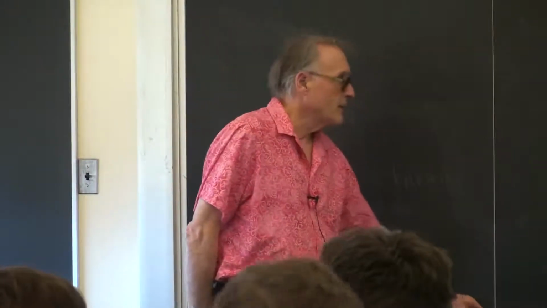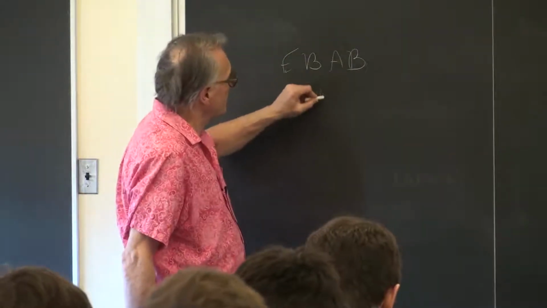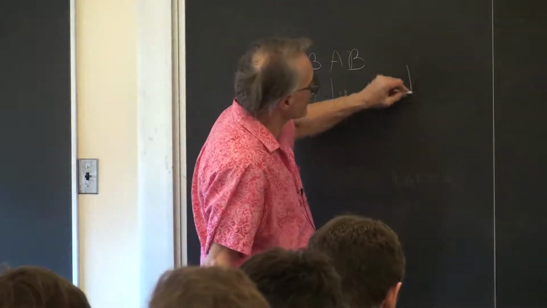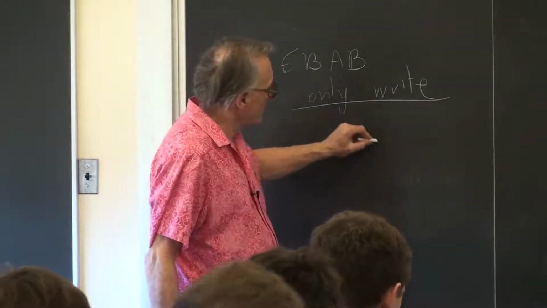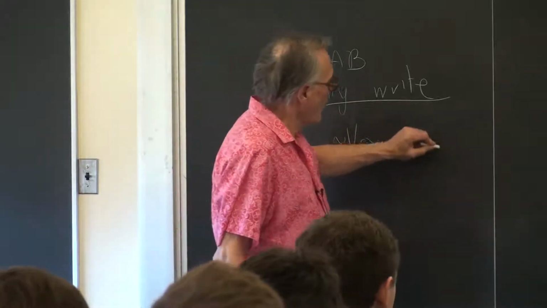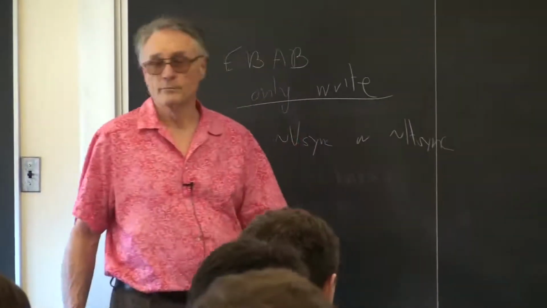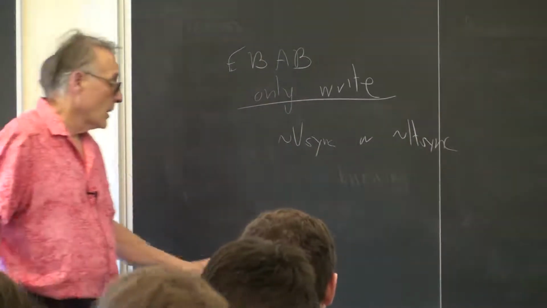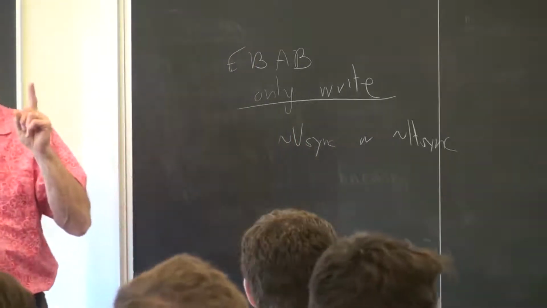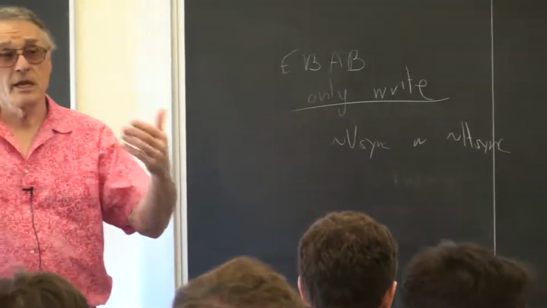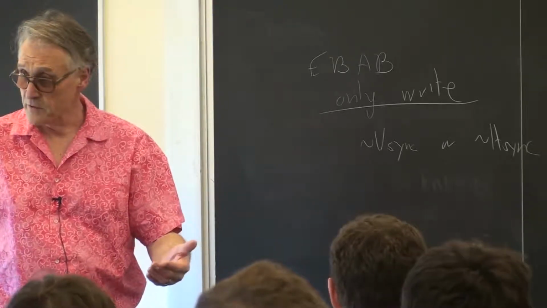So the EBAB can only write when VSync or HSync is low. The reason is that since the VGA screen does not have memory, it must get fresh pixels when it wants fresh pixels.